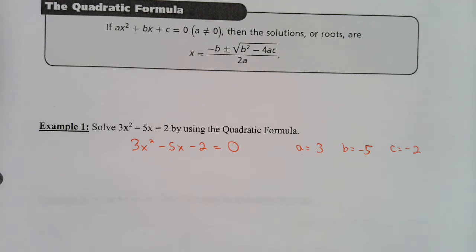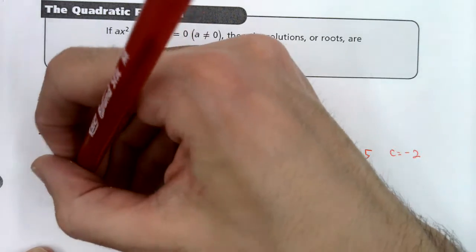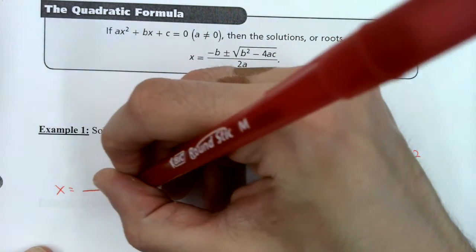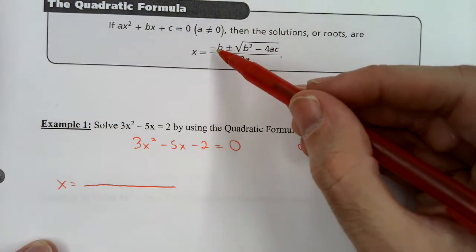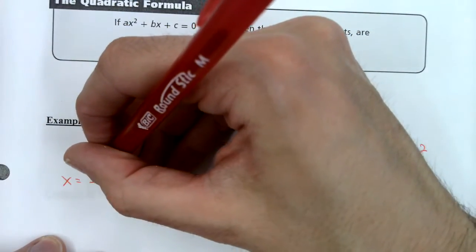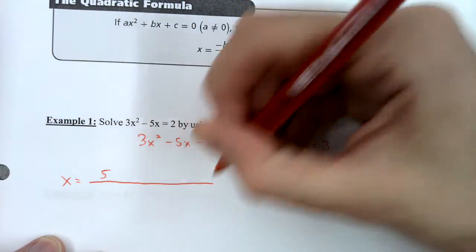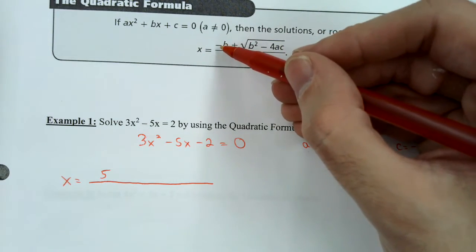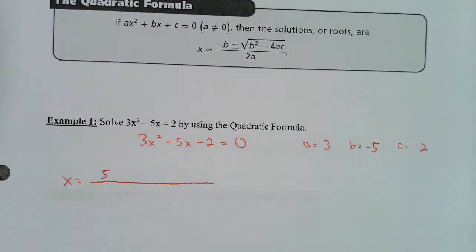So now what you're going to do is substitute into the formula and then simplify and solve. This symbol means opposite of b. So b is negative 5. Take the opposite of that and make it positive 5. So again, that symbol up front does not mean negative. It means the opposite sign of whatever b is.